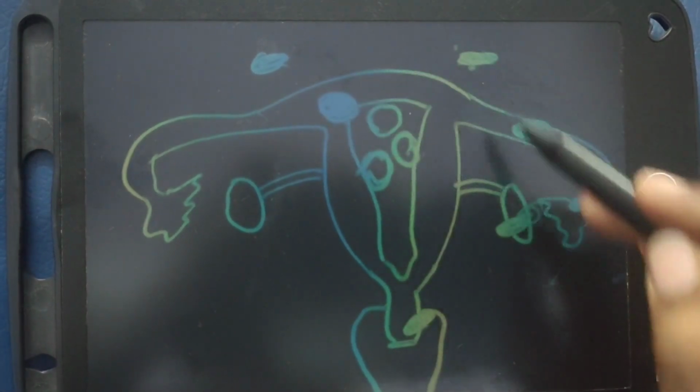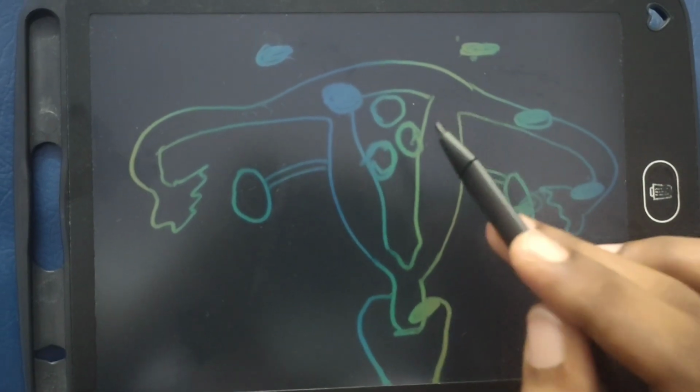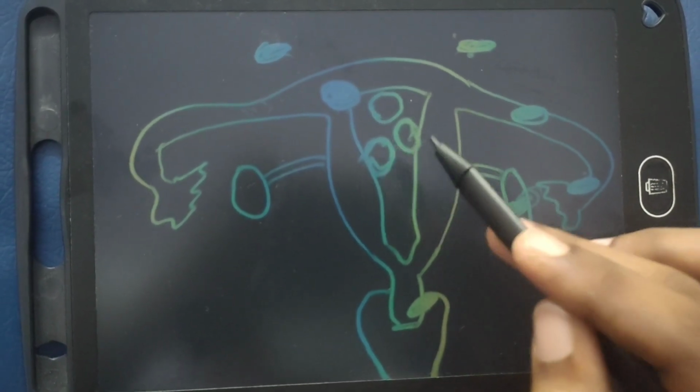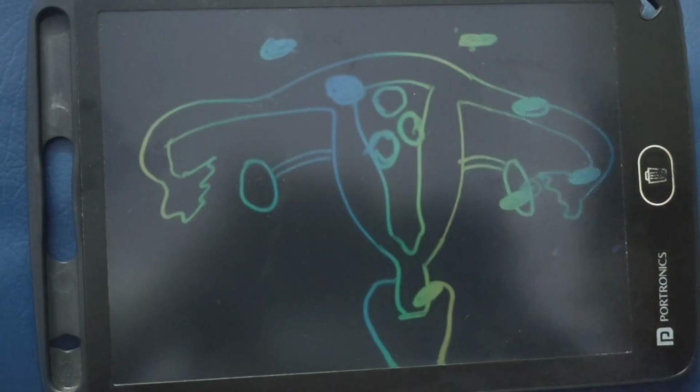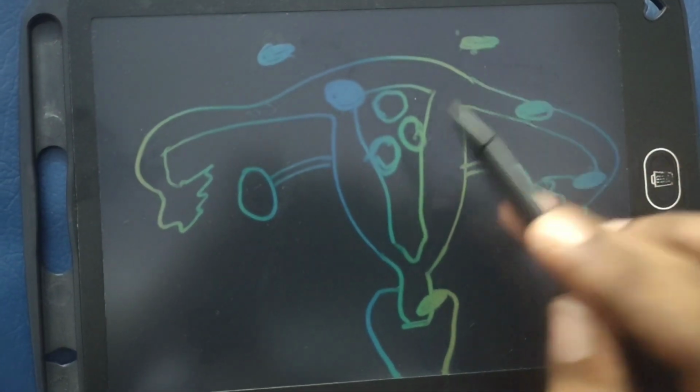Now, what is the problem with ectopic pregnancy? The only organ to carry the baby to full term is the uterus. Only the uterus has the capacity of expanding to that 40-week size where the baby can be fully developed and then be born.